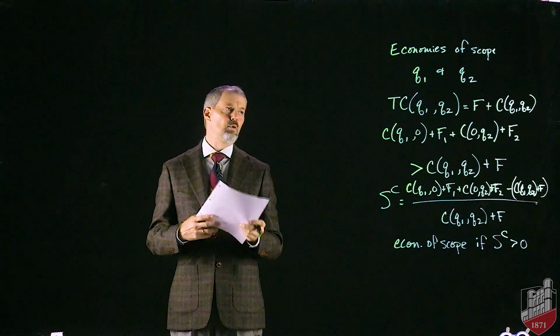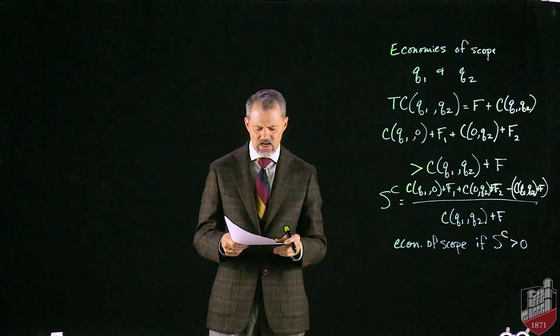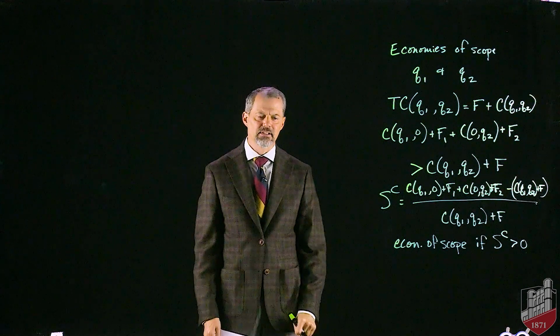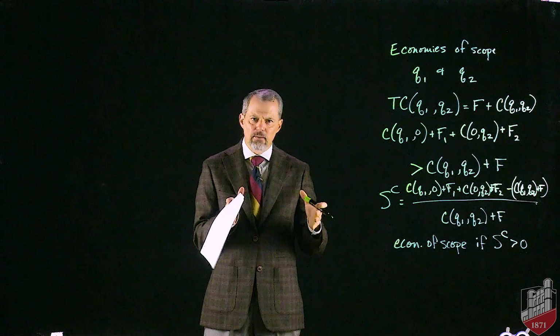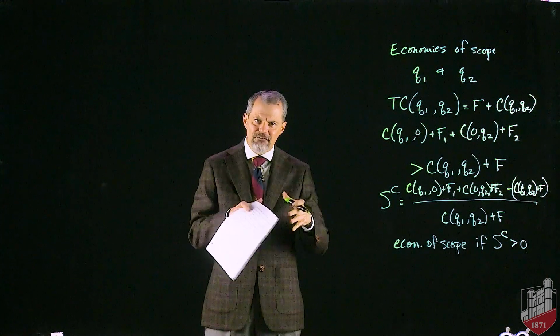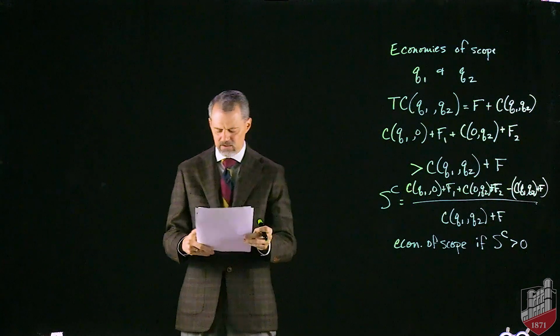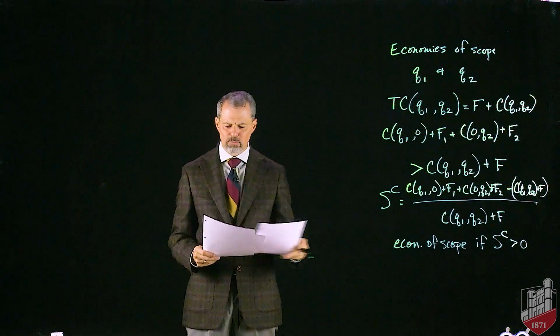The reason this is important is that the presence of economies of scope can lead to more concentrated industries. Because if there are economies of scope across products, then you will have fewer firms because you'll have firms producing multiple products. So firms may consolidate across product lines.